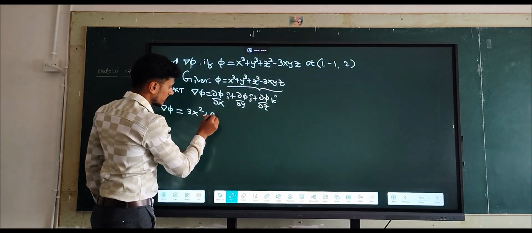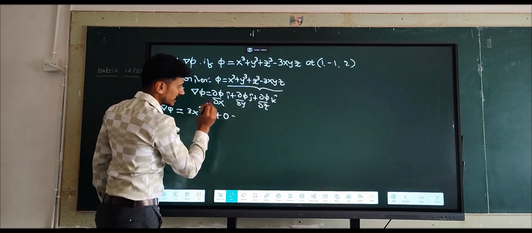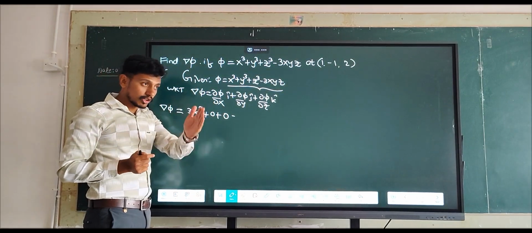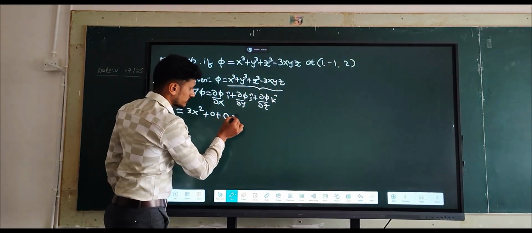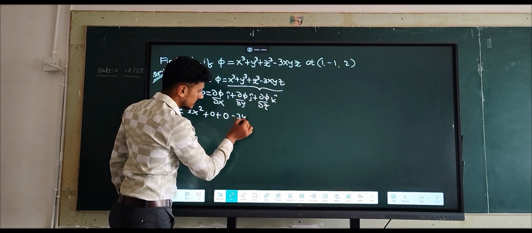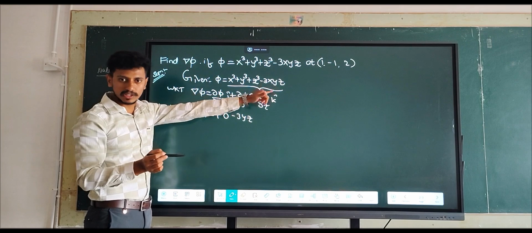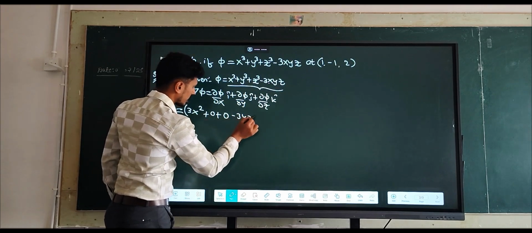This becomes 0, plus again z cube. We don't have an x term there. It becomes 0, minus. See, differentiation of a constant is 0, but differentiation of a constant in a function is not 0. Please remember that. Let us write down all the constants first: 3, y, z are the constants there. Apart from x, whatever we have becomes a constant. Remaining is x, and differentiation of x is 1. We need not write that along.